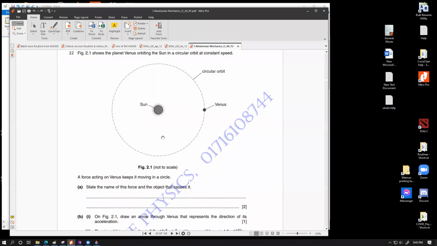This should become an inward spiral, right? The force is working, but it is not moving Venus closer to the sun, which means since no movement is happening in the direction of the force, the total work done is 0. First, I'm going to mention that they are perpendicular to each other. Then I'm going to go for the next sentence, that because no movement is happening along the direction of force, the work done is 0.